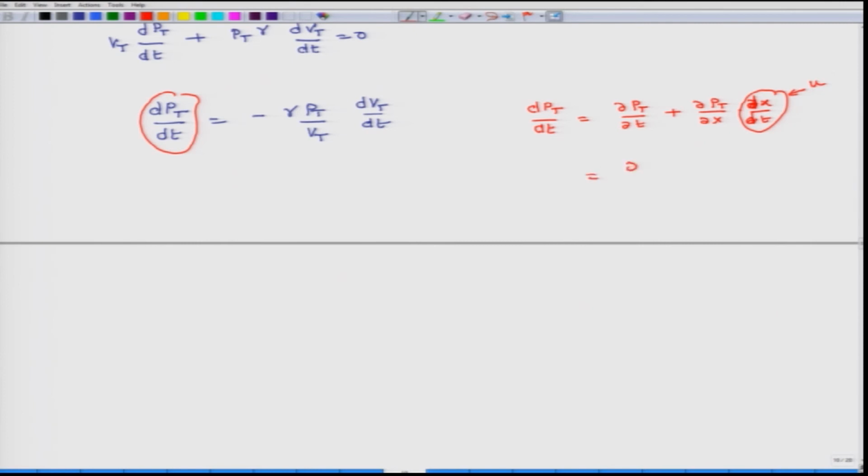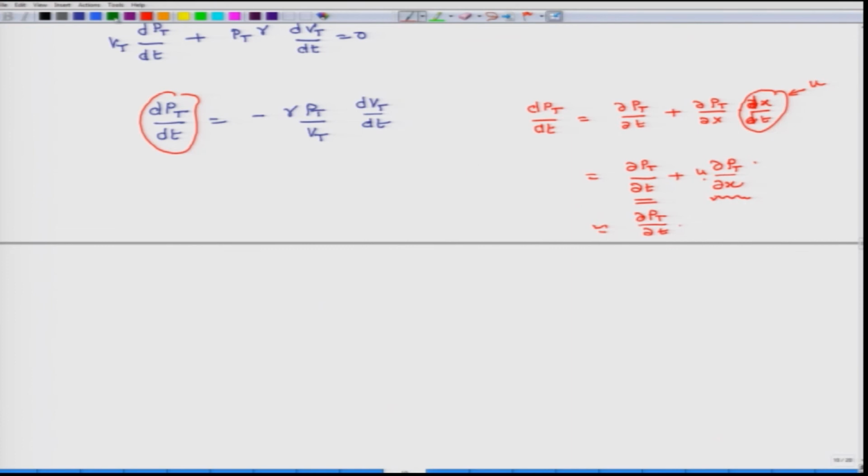Now, once again this term is very small compared to this term for the same reason. This is dependent on u, a small entity, and P(t). Okay. So, this term is negligible. So, I can approximate this as partial of pressure with respect to time.